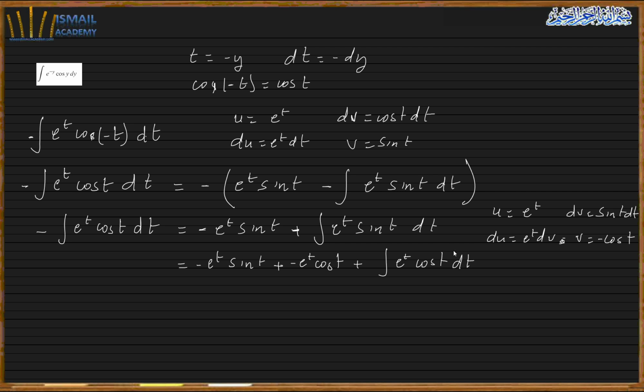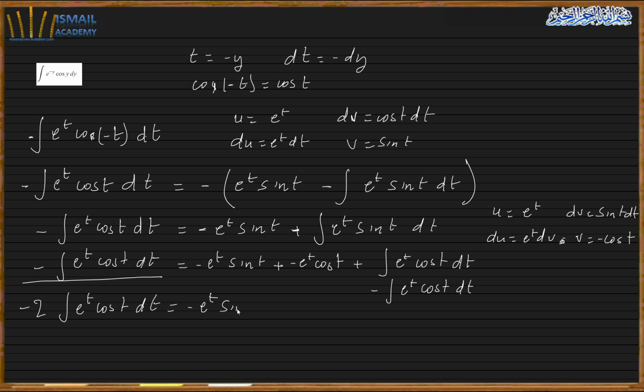As you see, this appears again. It's the same thing as that one. Do I have to keep going? No, I don't have to keep going. What I do, I subtract this on both sides. Because this appeared again, I subtract this on both sides. So what we'll end up having is twice the integral of e to the t cosine of t dt will be minus e to the t sine of t minus e to the t cosine of t.